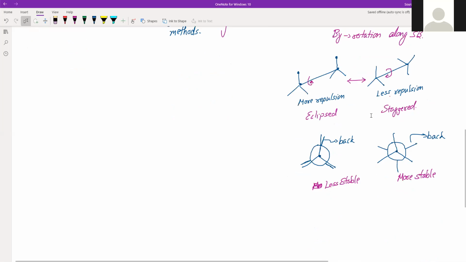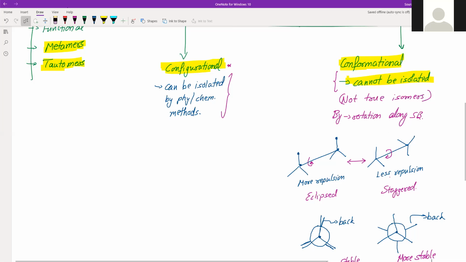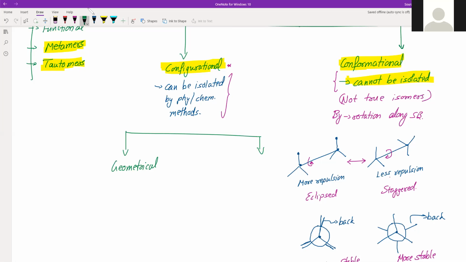Now let's move to the more important isomers, which are actually true isomers. In configurational isomers, again there will be two divisions. One is geometrical and the second one is optical.